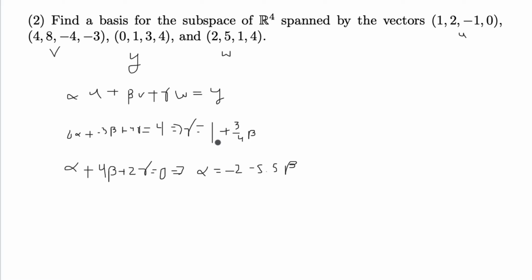Now I have two equations relating gamma and alpha to beta, so we can solve for beta. Let's use the second line, which tells us that 2 alpha plus 8 beta plus 5 gamma equals 3. You can check that this implies that beta is equal to 8 over 3.